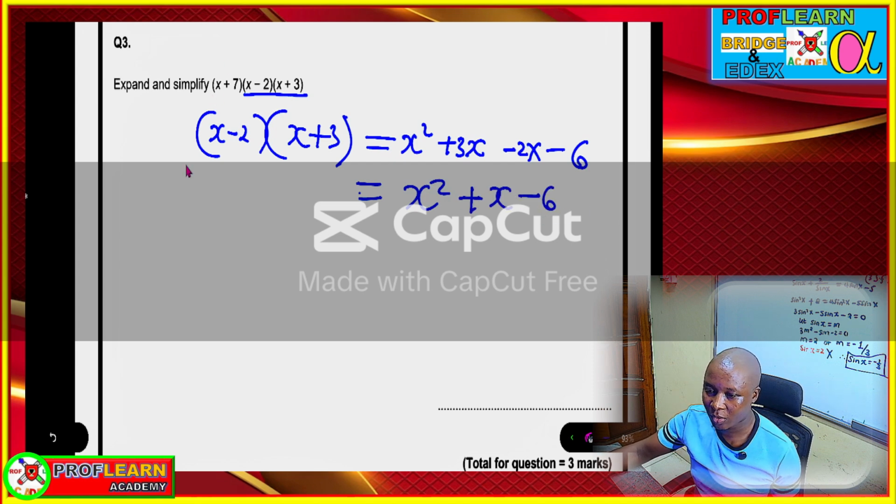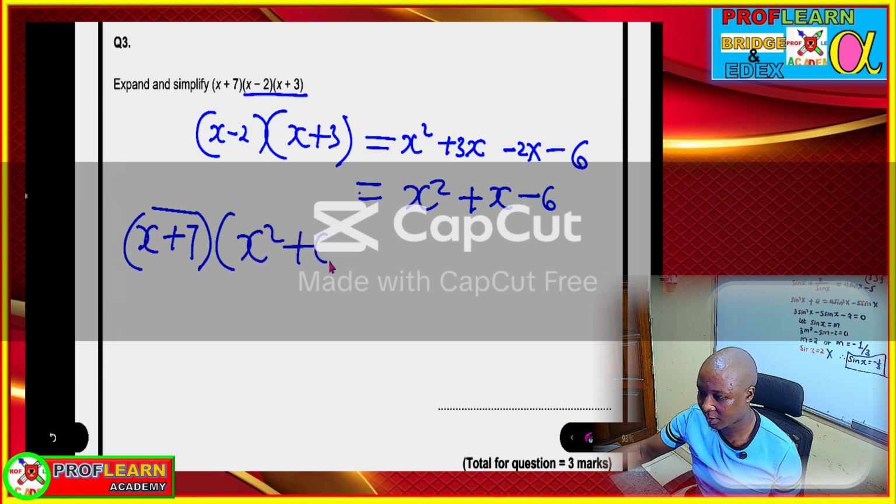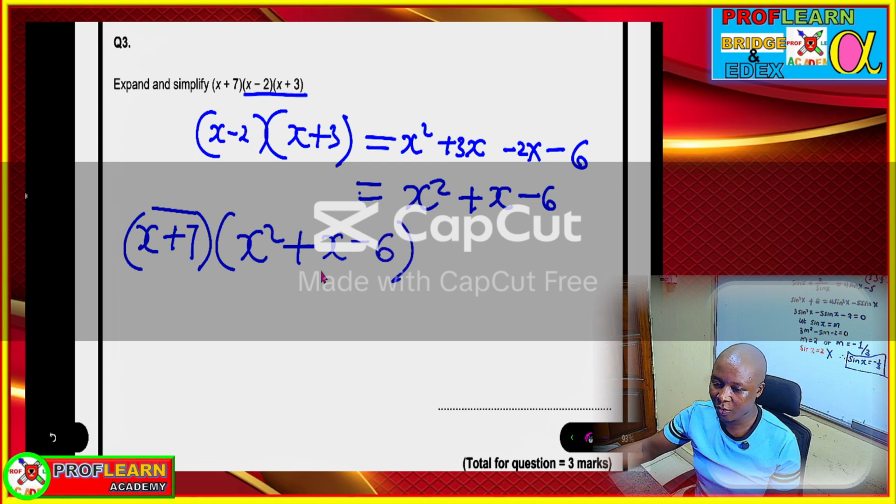So next it will be x plus 7 into x squared plus x minus 6. If we open the bracket here, of course, we are going to multiply this term by this. We are going to have x cubed.